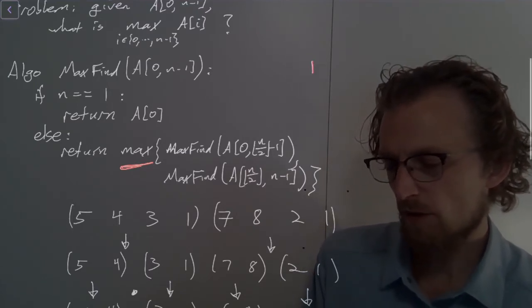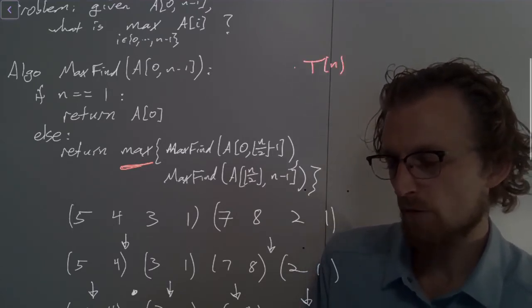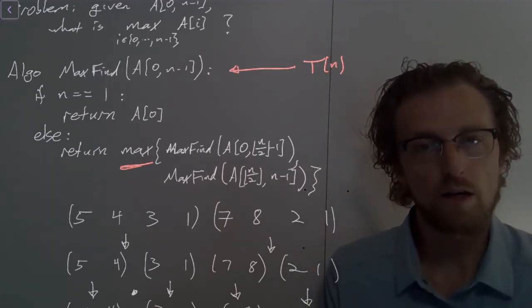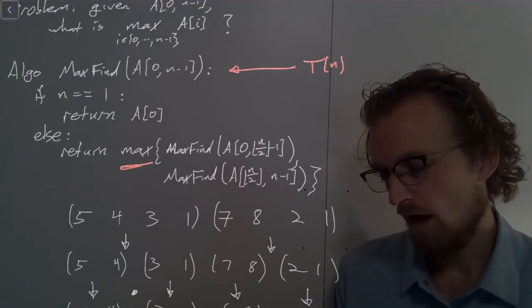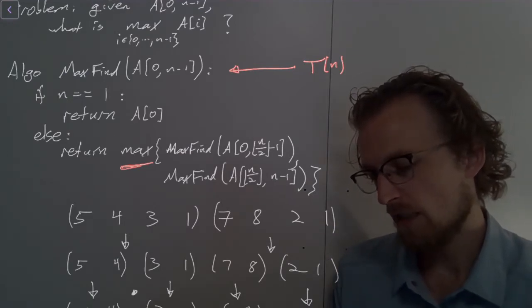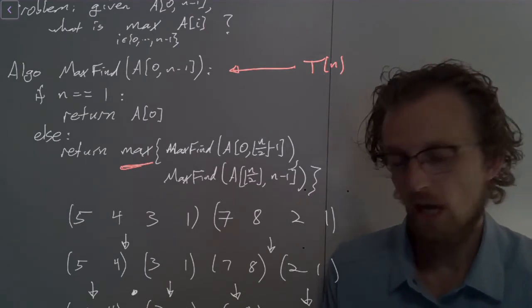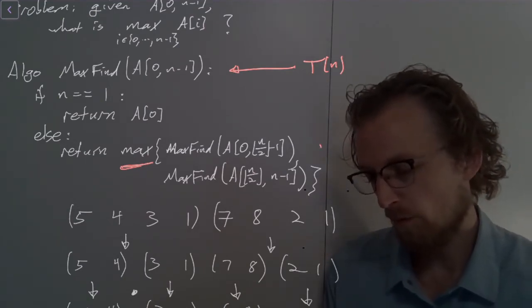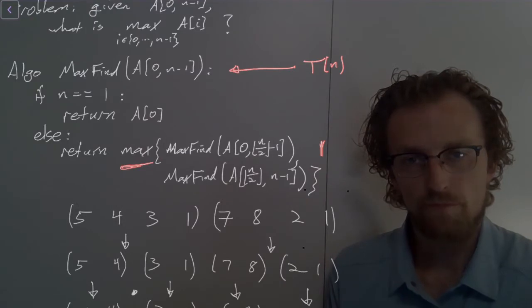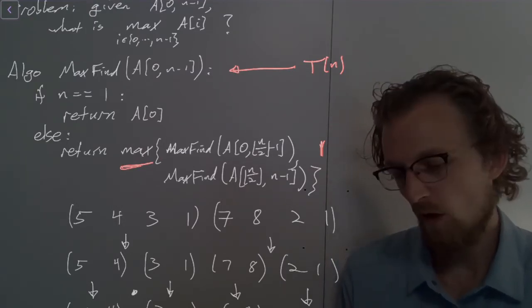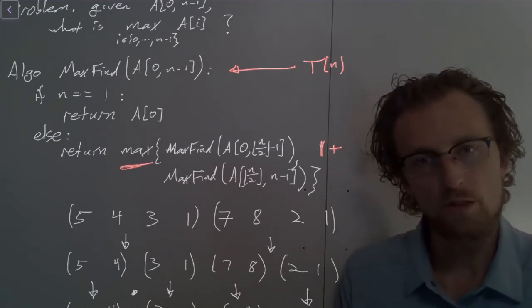So this line here essentially captures the number of basic operations that have to be performed on an array of size n. And then this line here says, hey, look, when we get to this return statement and we make a recursive call, we're performing a basic operation. In addition to the basic operation of maximum, we're also performing a recursive call.